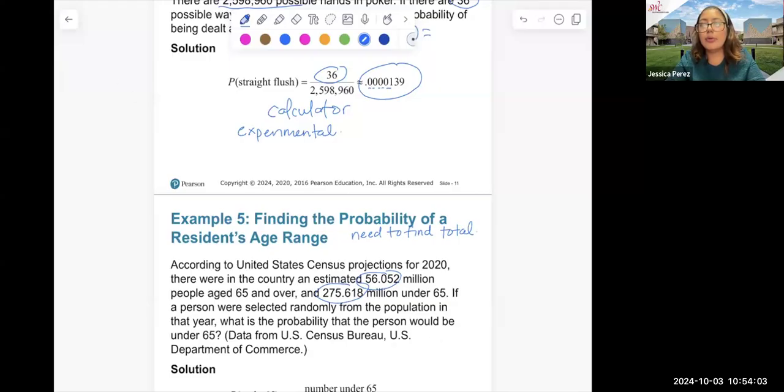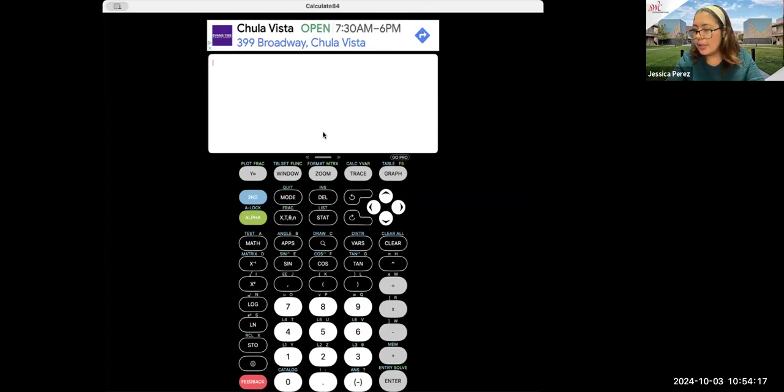So let's go ahead and pull out our calculator. Let me share my screen as my calculator should be opening up. And then hopefully I don't get any ads. So then we're gonna go ahead and put in 56.052. They're both in millions plus 275.618.